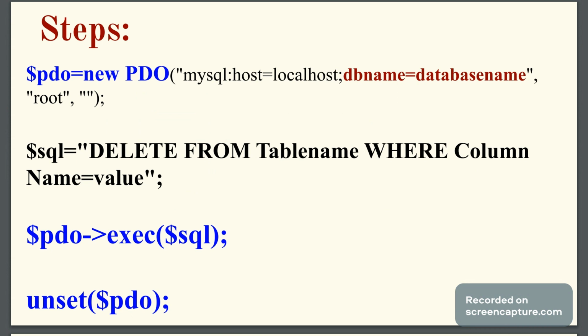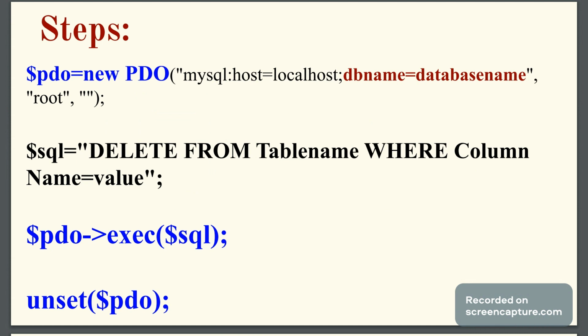So we have to create an object of PDO. While establishing a connection, we have to mention mysql colon host is equal to localhost semicolon. The name of the database is compulsory for firing the queries. dbname is equal to the database name, comma, MySQL username is root, comma, empty password.